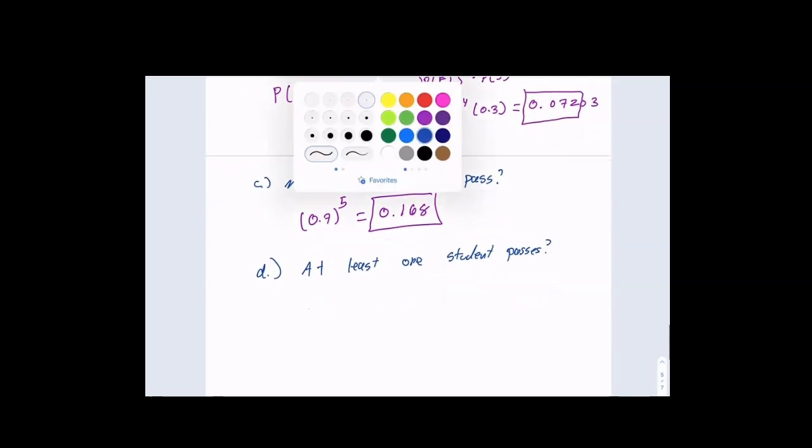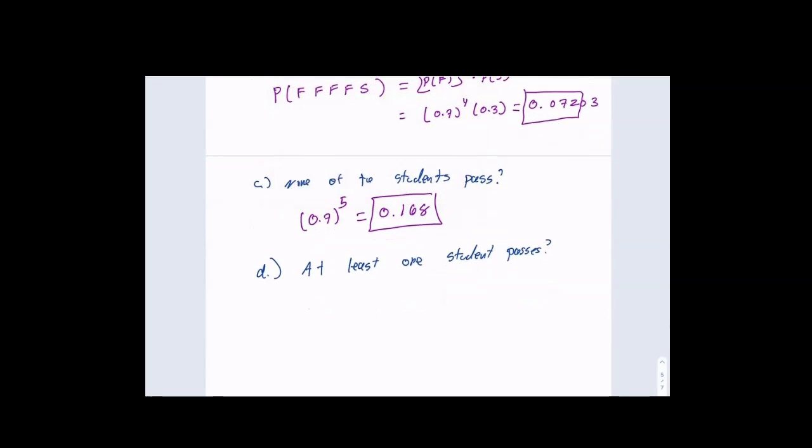Now, it could be that the probability that you get 1 success plus the probability of 2 successes plus the probability of 3 successes plus the probability of 4 successes plus the probability of 5 successes. You could do that.